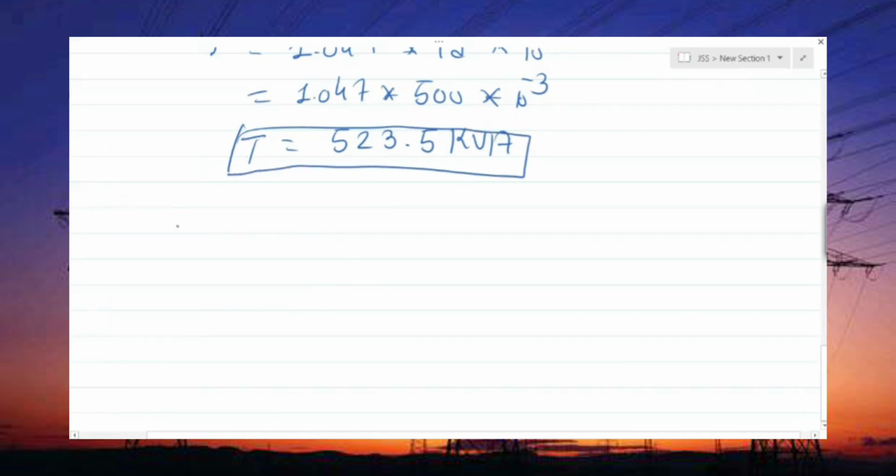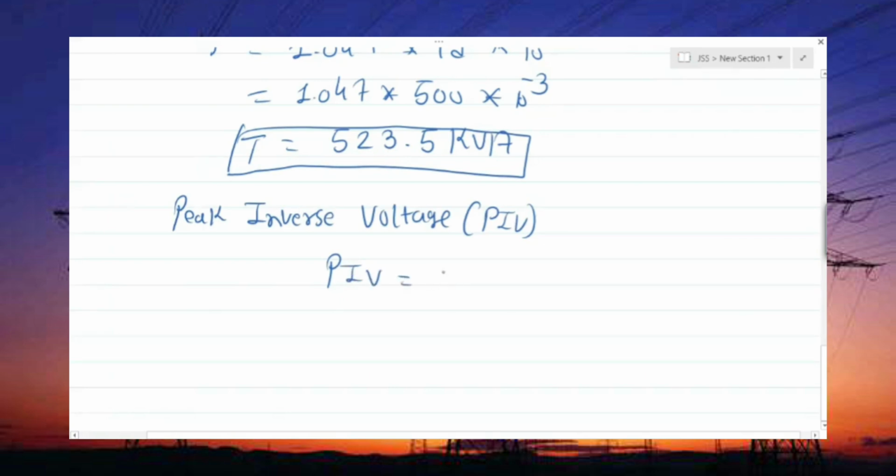Now the peak inverse voltage, also known as PIV. The PIV equation is PIV is equal to 1.047 VDO.